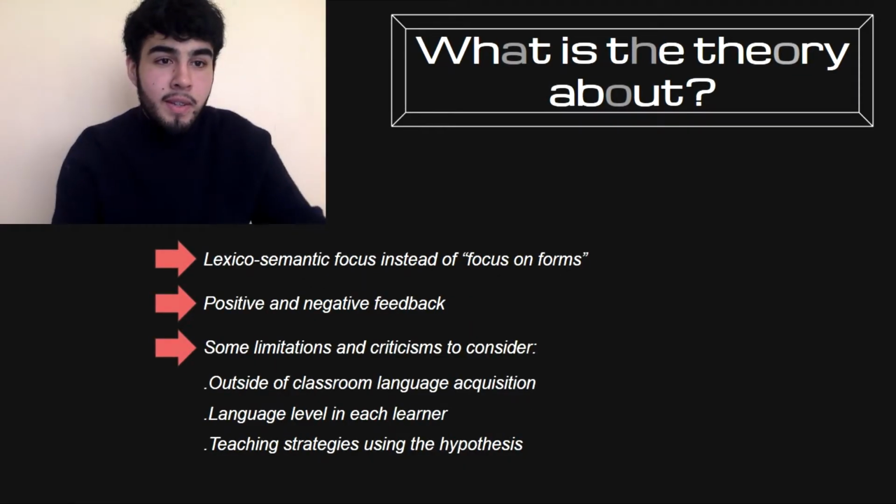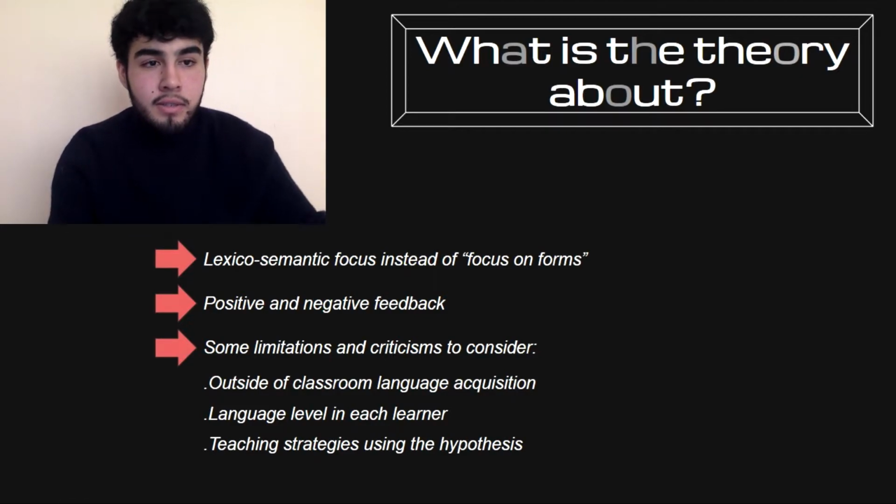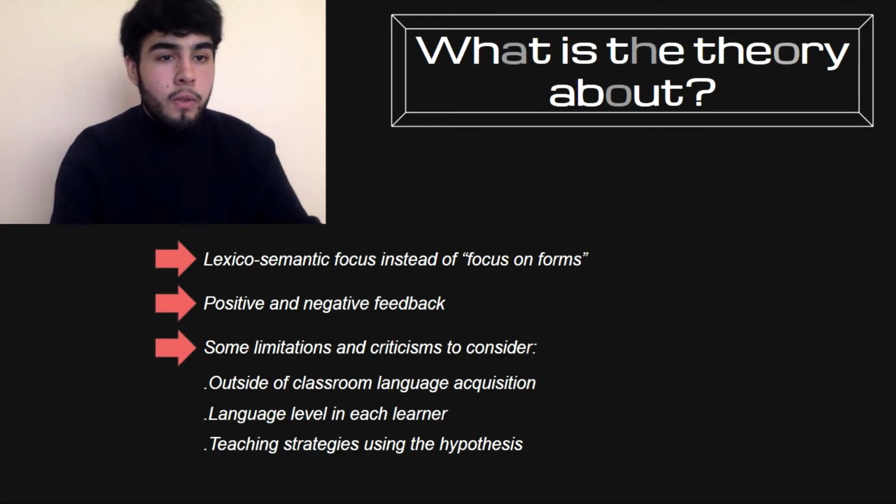Thank you, Kathy. All right, so the interaction hypothesis is basically a collection gathered by different authors with a shared understanding of second language acquisition. And in this case, Michael Long based his theory on Stephen Krashen's notion of comprehensible input, where he finds that understanding the language is far more important than learning the structures of a language.